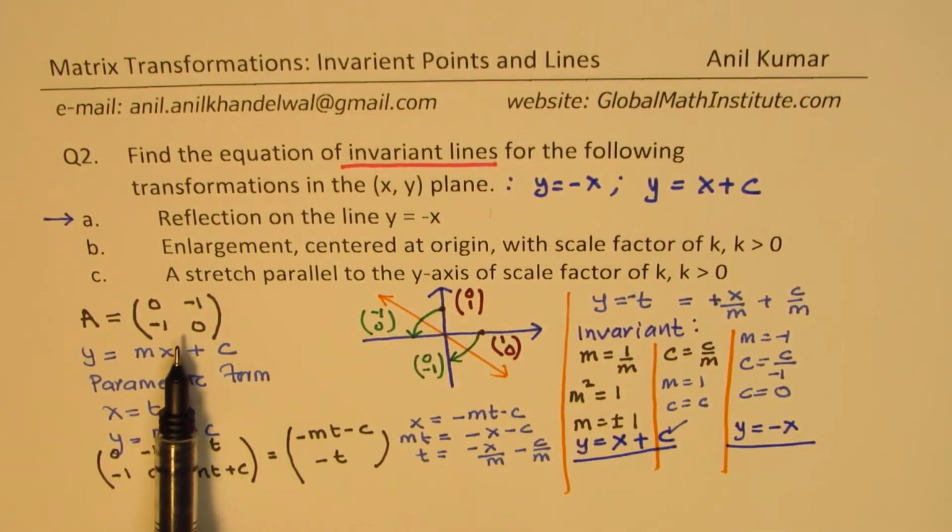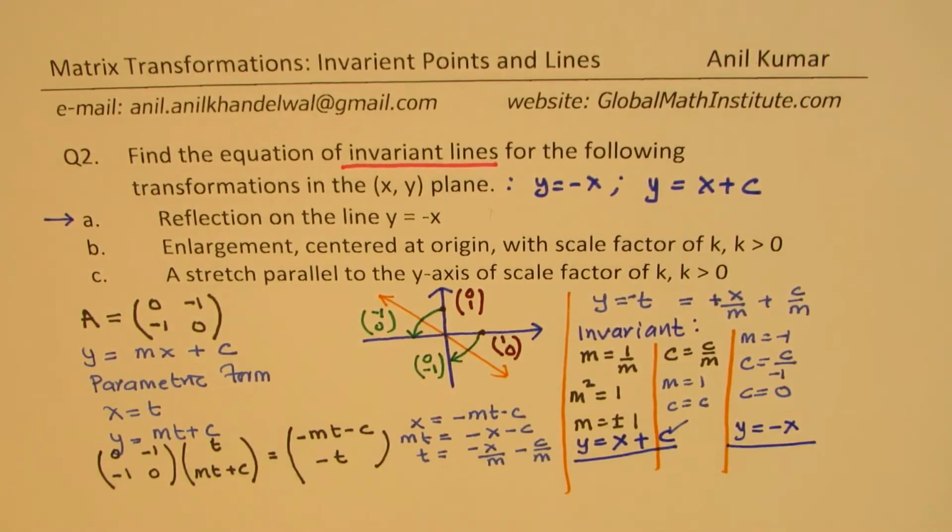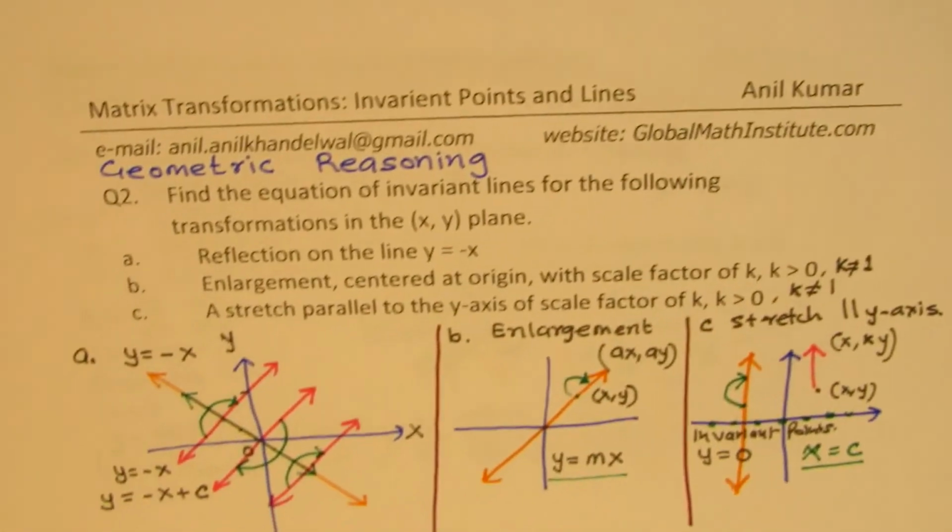Once you find the transformation matrix, then you have to apply the transformation to a line in parametric form. Then the image should fall on the line, and therefore we equated the slopes and the y-intercepts, getting two different conditions, and we got exactly the same answer as we got in our geometric interpretation.